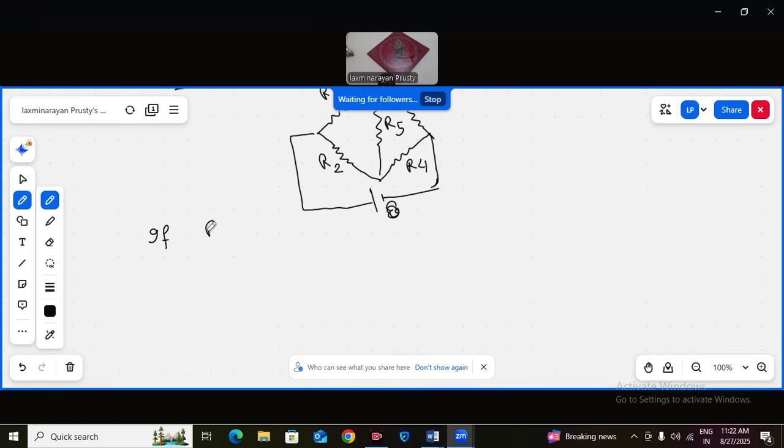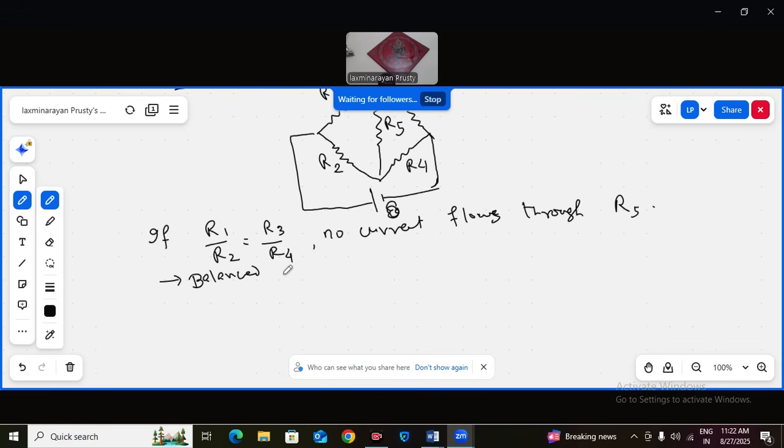If R1 by R2 is R3 by R4, no current flows through R5, that bridge resistance R5. We call this a balanced Wheatstone bridge.